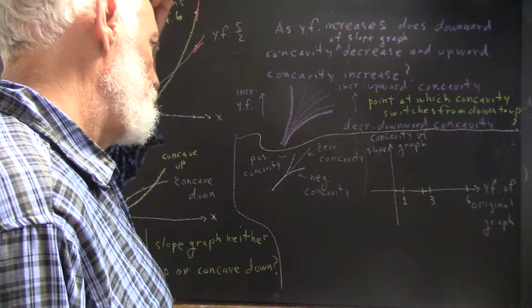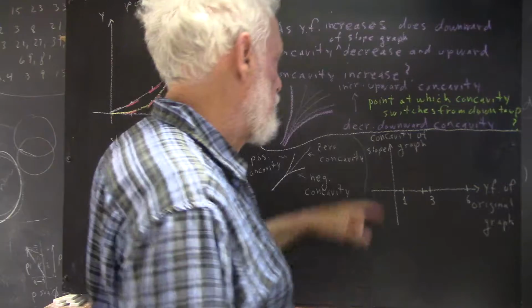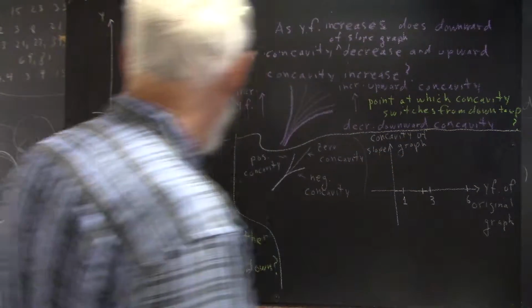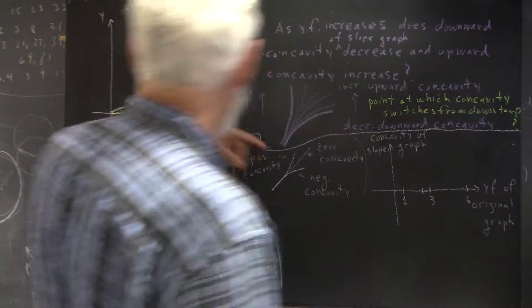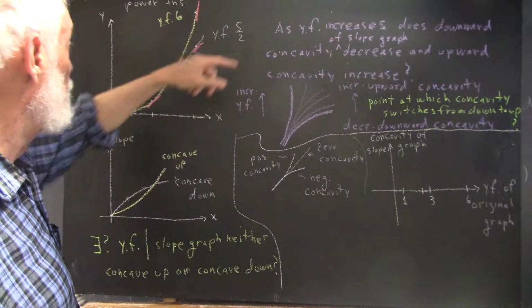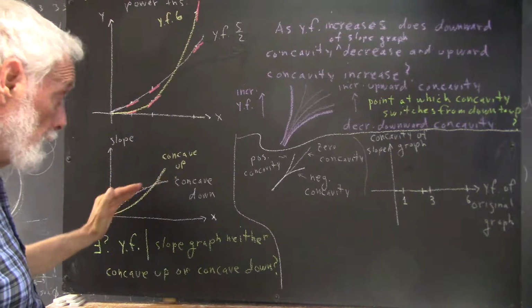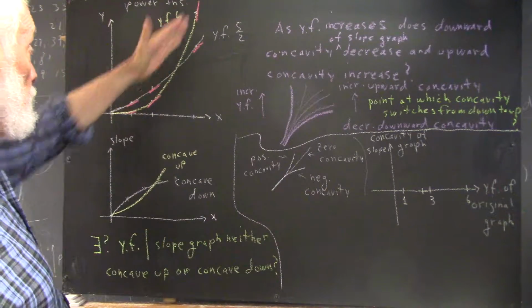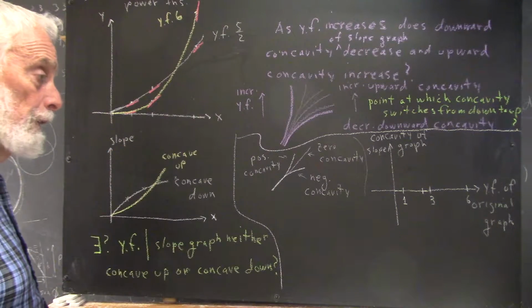Okay, so if we graph the concavity of the slope graph, concavity of this graph, versus the y factor of the original graph, the 5/2 here and the 6 here. The 5/2 would be associated with the negative concavity of this graph. The 6 would be associated with the positive concavity of this graph.